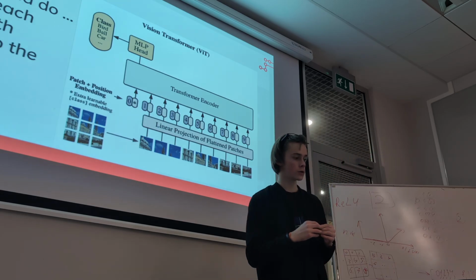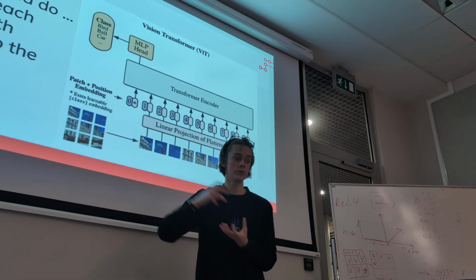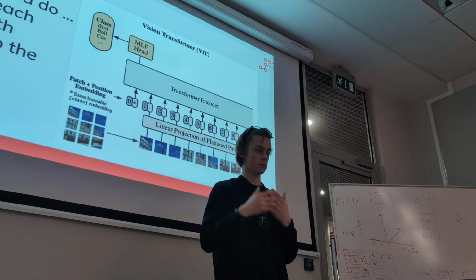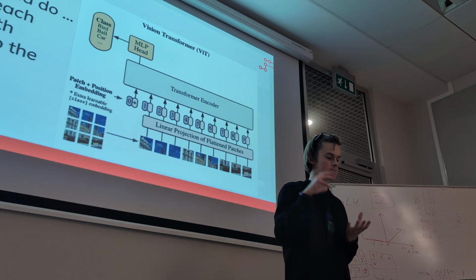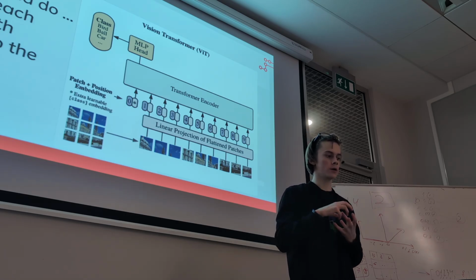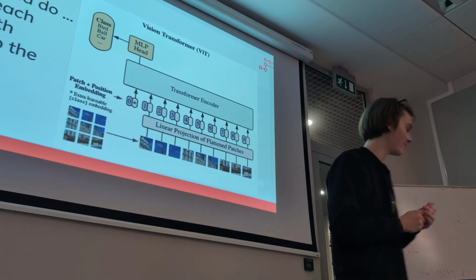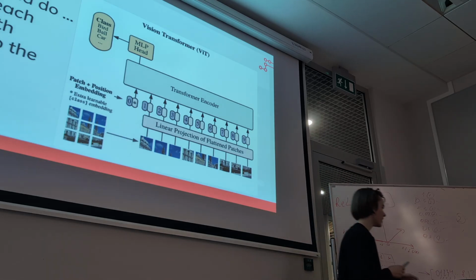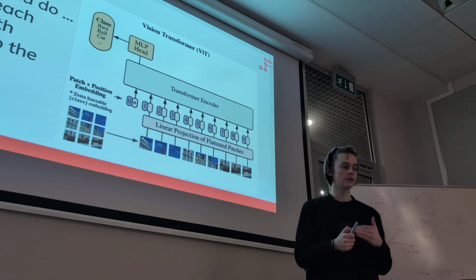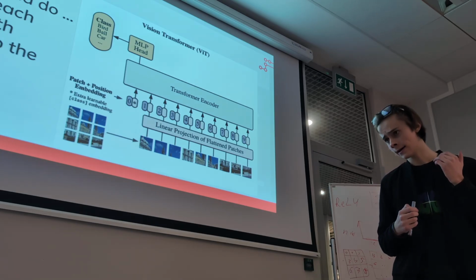So what do we do here? We just take one image, we use some neural network that makes our image smaller and extracts the main features, so the dimension of the array fits our desired transformer encoder input.